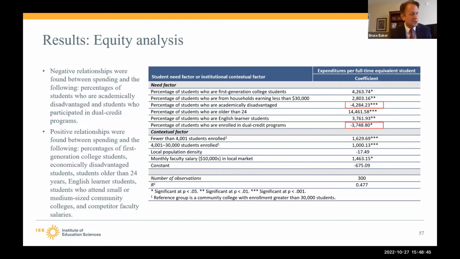We have positive relationships between existing spending and first-gen students, older students, and English learners. So the equity picture is a little bit of a mixed bag, but seeing it as a mixed bag tells us that it's not really systematically need-based. When we look at existing current expenditures across these institutions, they are positively related to some need factors but negatively related to others.